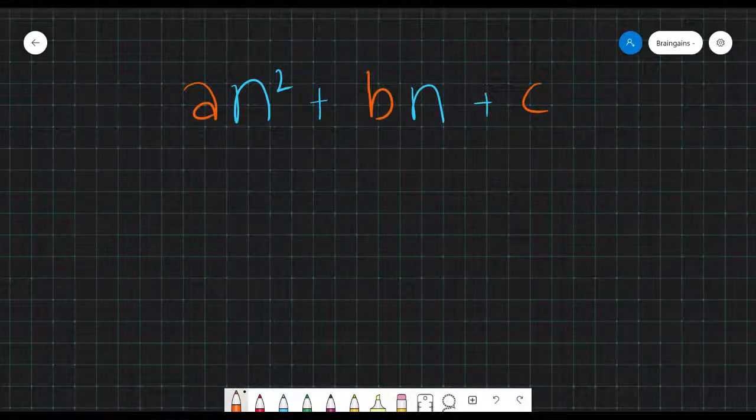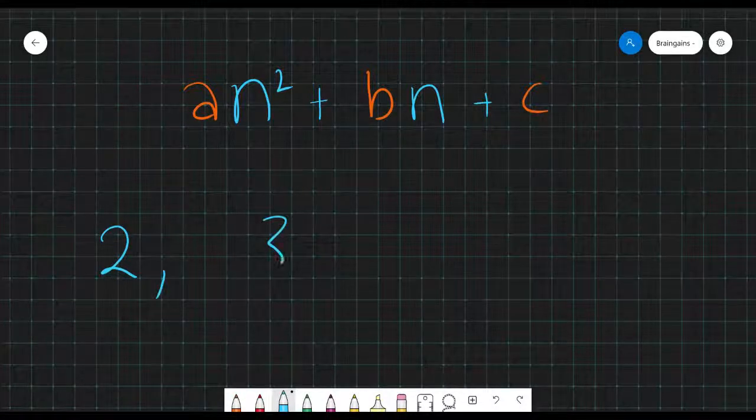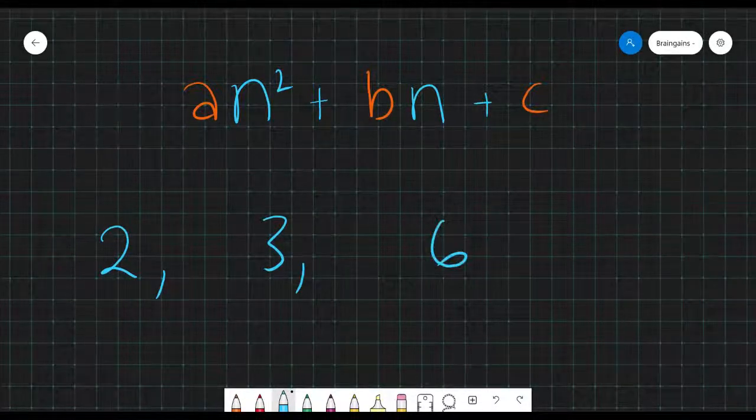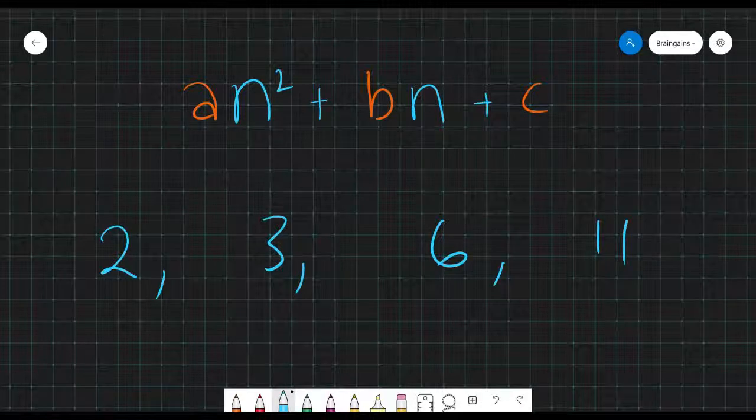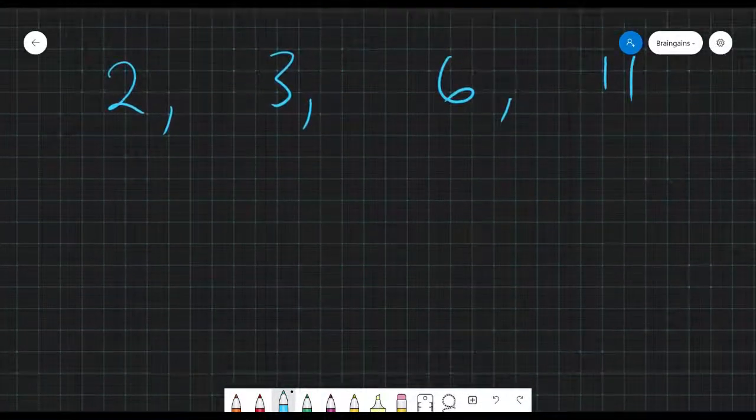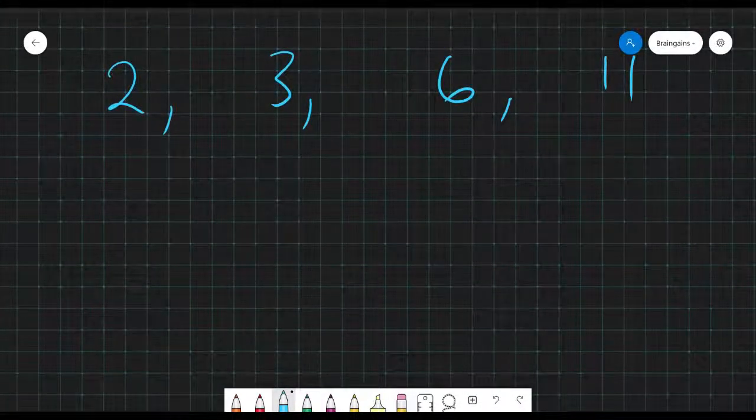So the first thing is, when we're given a quadratic sequence, let's say we have the sequence 2, 3, 6, and 11. What we're looking for is a constant difference in the differences between the terms.